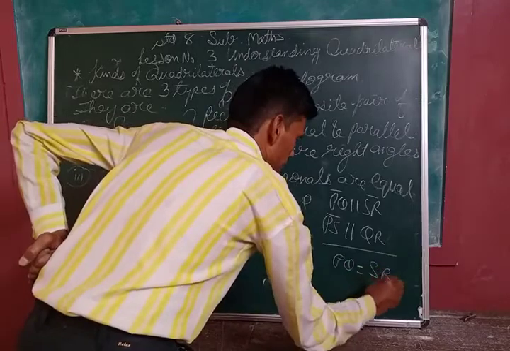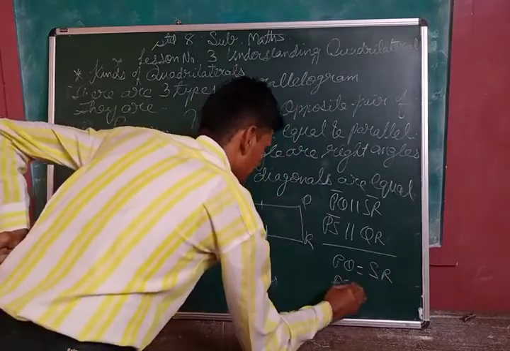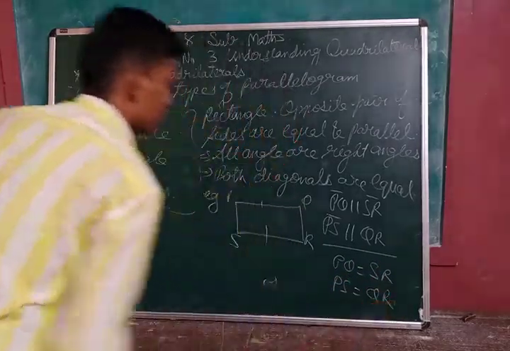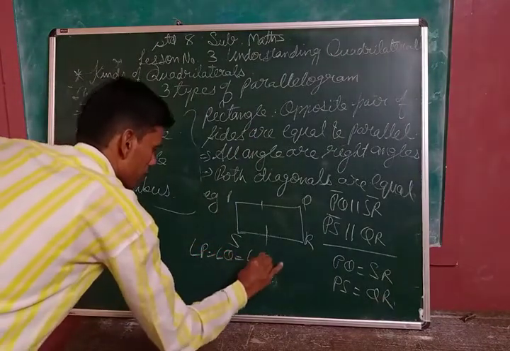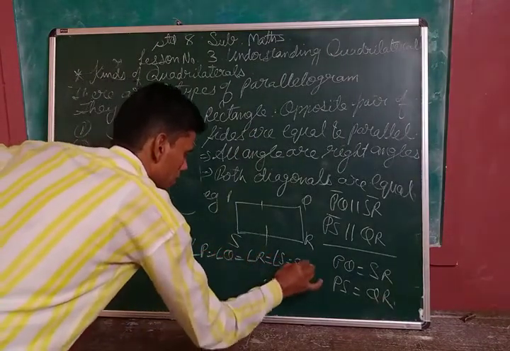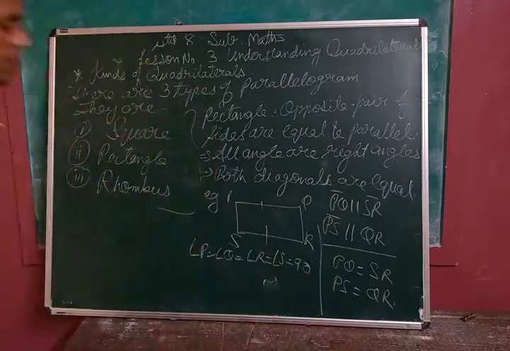PQ is equal to SR. PS is equal to QR. Angle P equal to angle Q equal to angle R equal to angle S is equal to 90 degree.